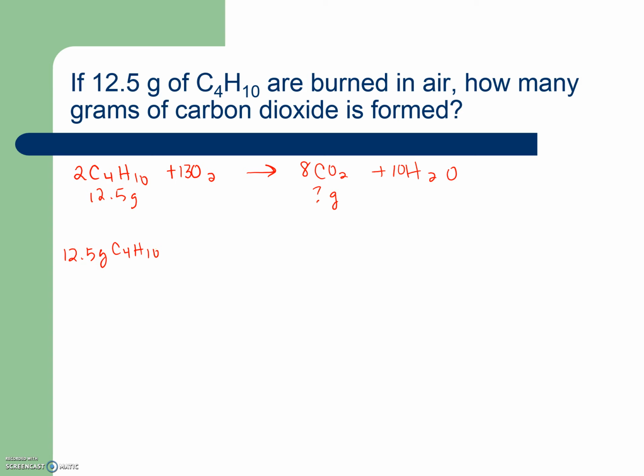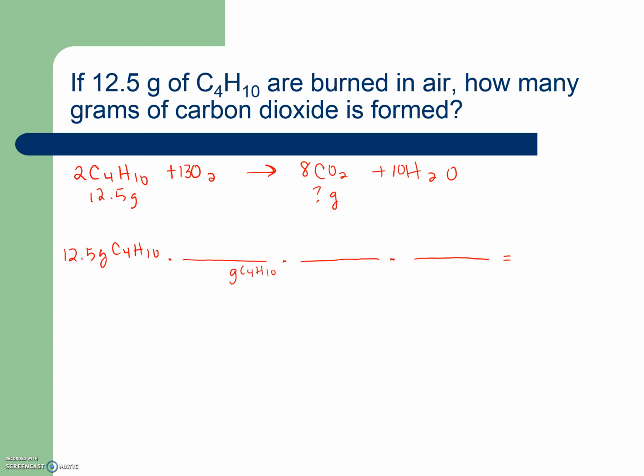Stoichiometry problems are 3-step problems. And so by being 3-step problems, I can go ahead and say 1, 2, 3, and then equals. I don't want grams of C4H10, so I'm going to put it on the bottom. And actually, I do want grams of CO2, so I know that's going to be my final answer.